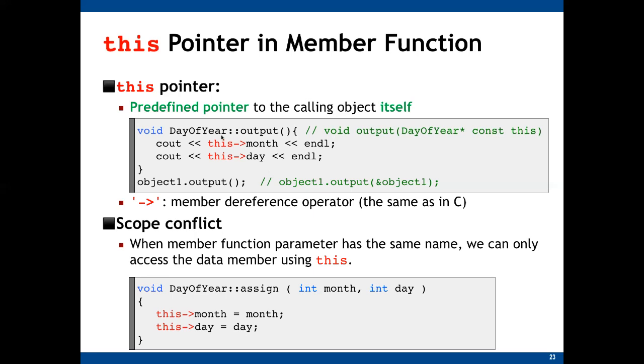And using the this pointer, you can dereference the values of member variables in the object because this is the pointer which points to the object. Here, using the this pointer, it dereferences the member variables month and day. So with this, you can access the member variables of object1 inside of member functions like this.